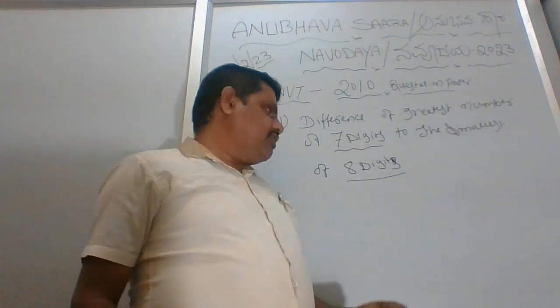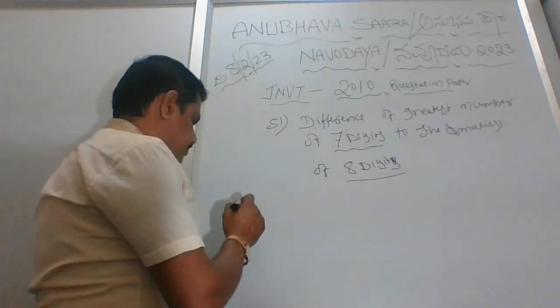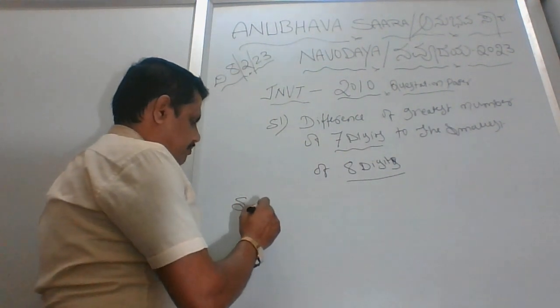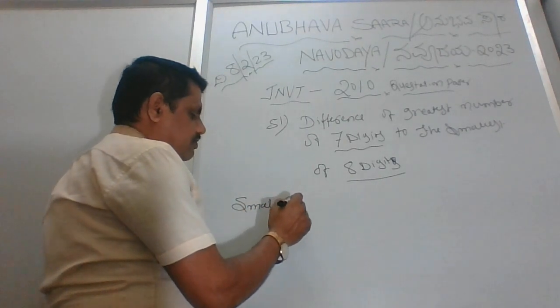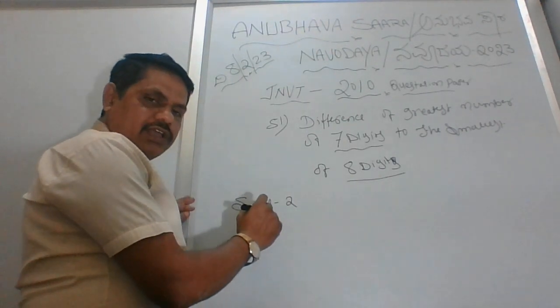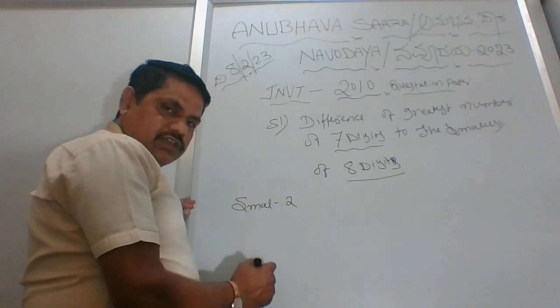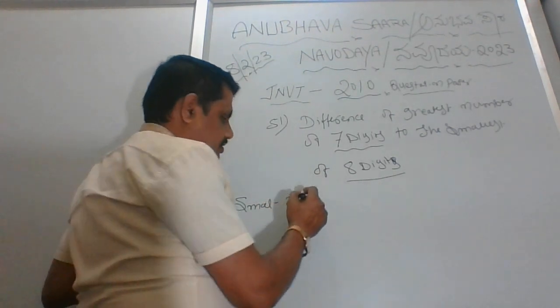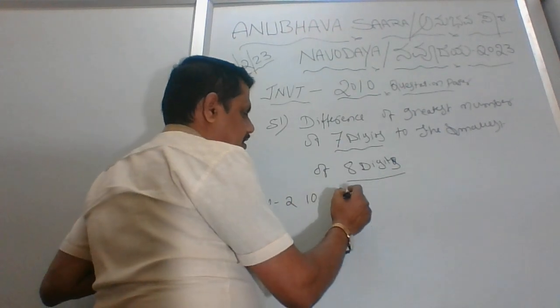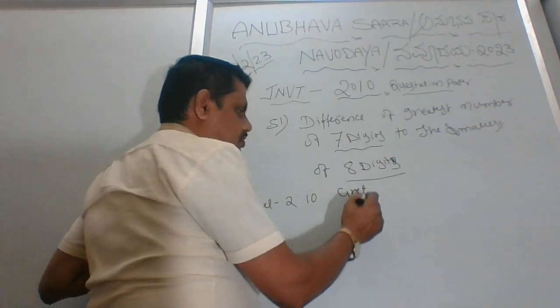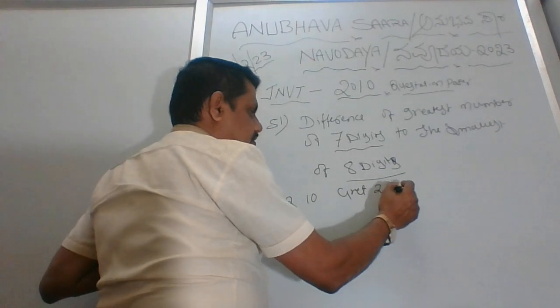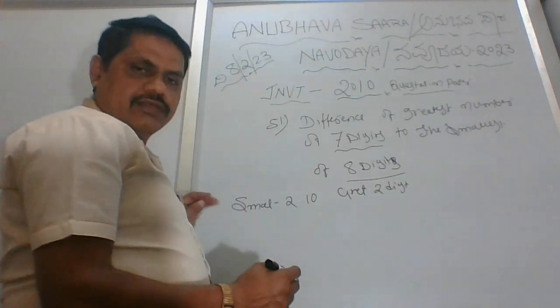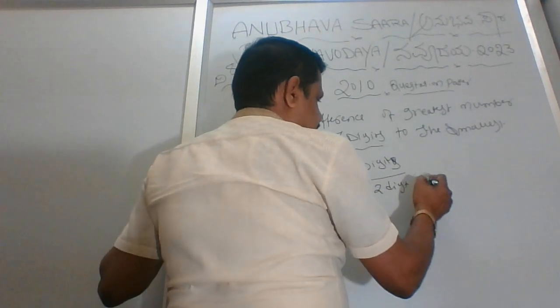Fine. Smallest 2 digit number, I'll write it short because there are a number of details out there. Smallest 2 digit number is 10. Greatest 2 digit number is 99.